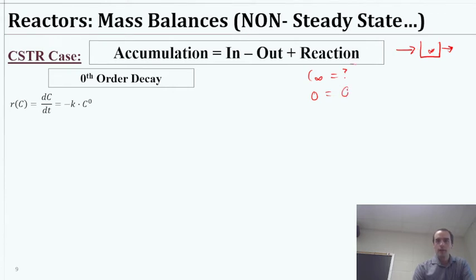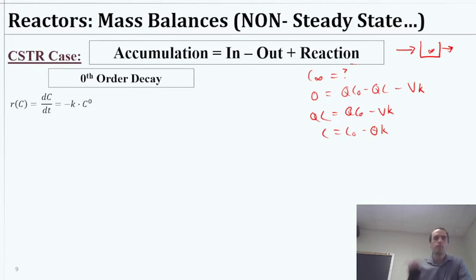So we're going to say this is going to be QC initial minus QC final plus whatever reaction, and this is just a zero order decay, so we have minus VK here. So we solve for C, we can just add the QC to both sides. So QC equals QC naught minus VK. And then that gives us C equals C naught minus V over Q, which is theta K. So then we can say that's C at infinity, right? That's the way we get it.